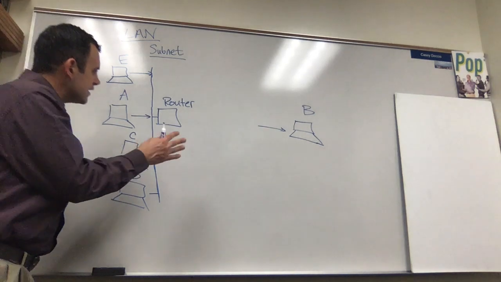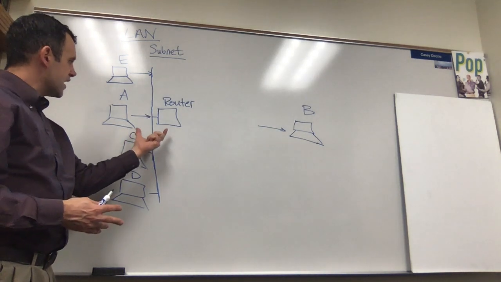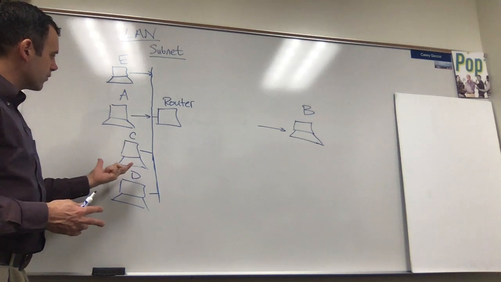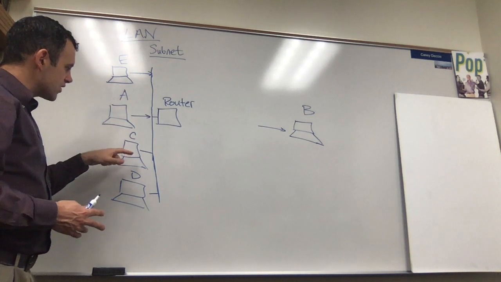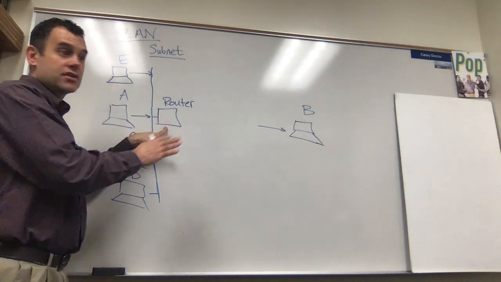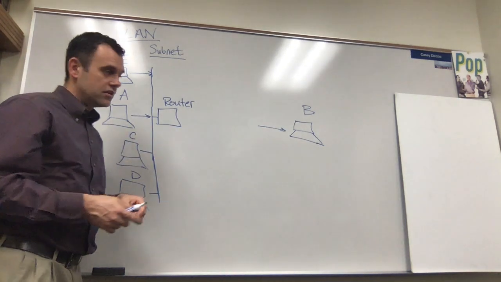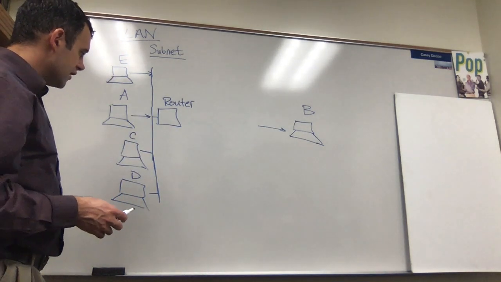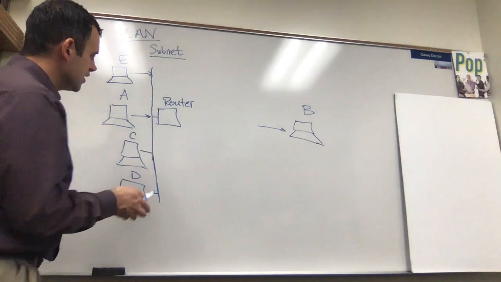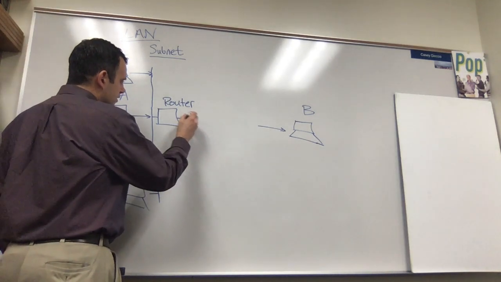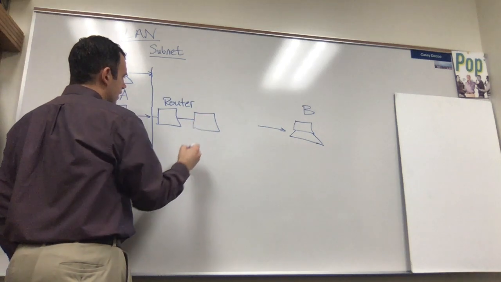Okay, so now the idea is, if we do want to go beyond our local area network, each of these machines knows that it has to go to the router, and the router is going to do some magic to then send it on to the next location. We call these next hops. In fact, this router is going to be connected to another router.